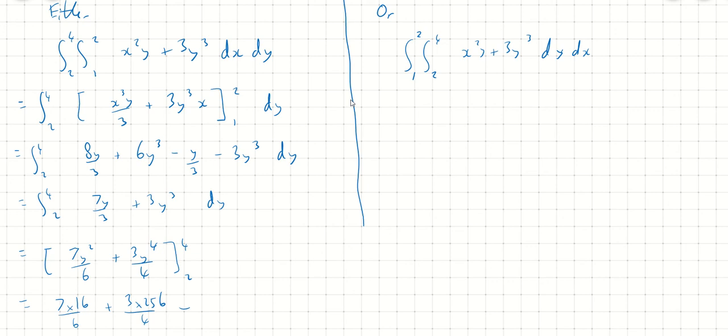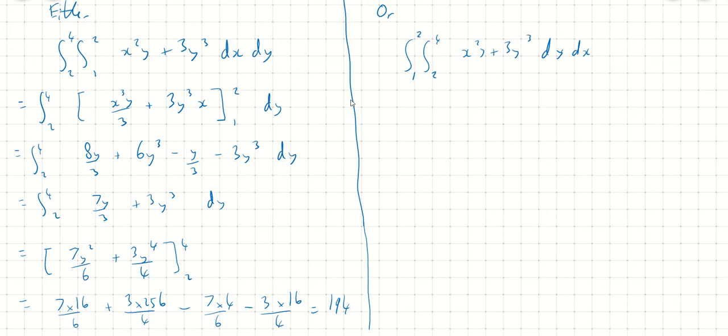And taking away the lower limit, that's 7 times 2 squared, which is 7 times 4 over 6, minus 3 times 2 to the 4, which is 16, so 3 times 16 over 4. This is just a big number that you can plug into your calculator. It simplifies down, but if you do all this calculation, you just get 194. So that's the final answer to this integral.